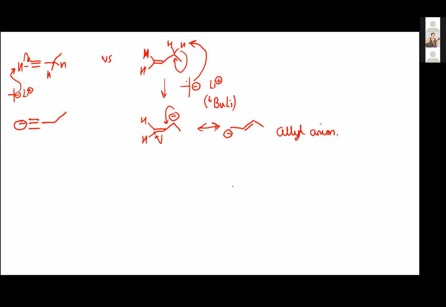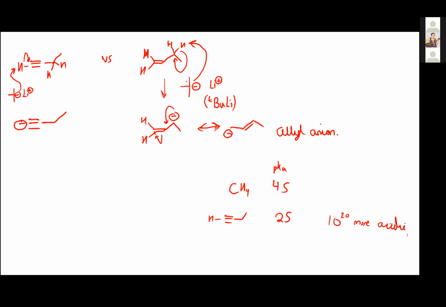Just for relevance, methane, I think at the beginning of the class we talked about this, its pKa is about 45. Alkyne is about 25. So it's 10 to the 20 times more acidic.